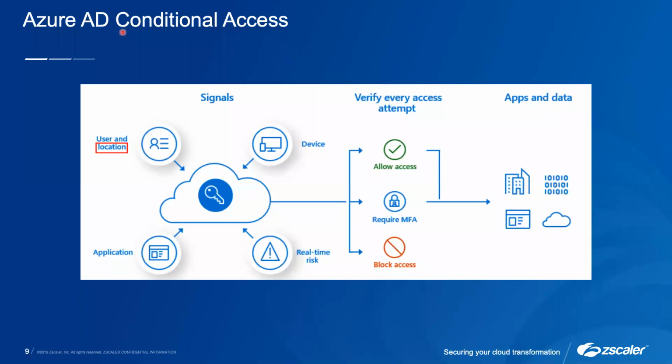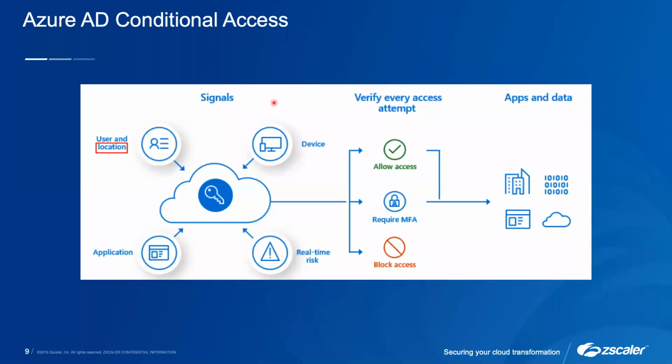Conditional access, as the name suggests, adds additional layers of conditions based on which you can decide whether you want to allow access or not. In the Microsoft world, these additional conditions are called signals.